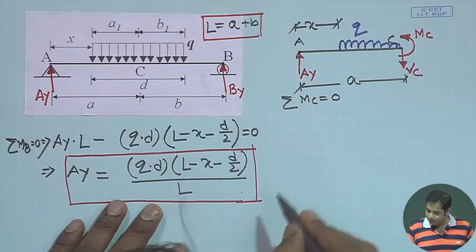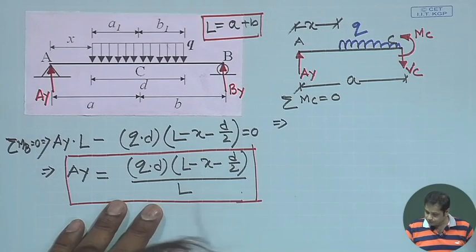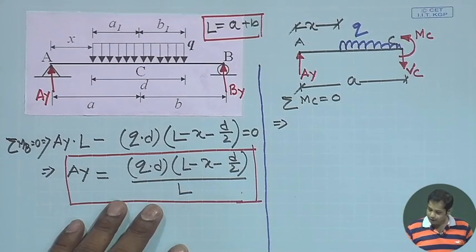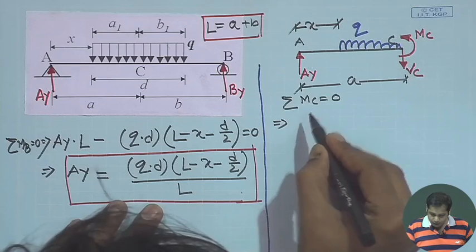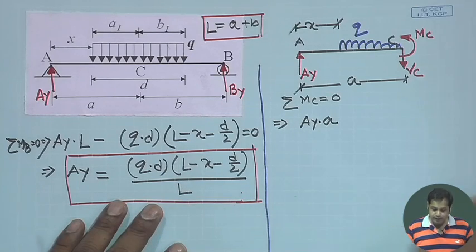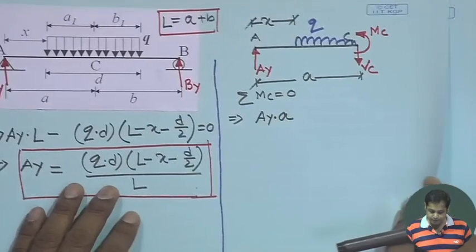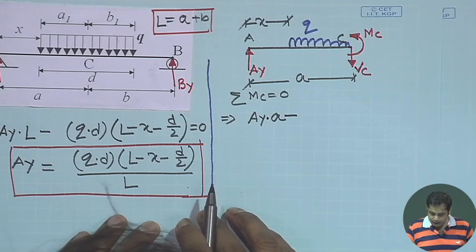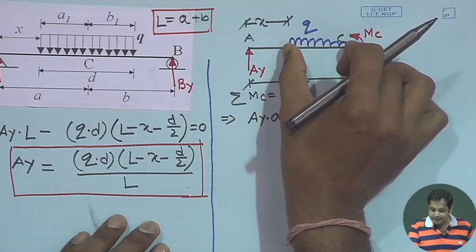We can draw a line here to separate. This gives us the moment Ay into A, which is clockwise, and then minus this force.